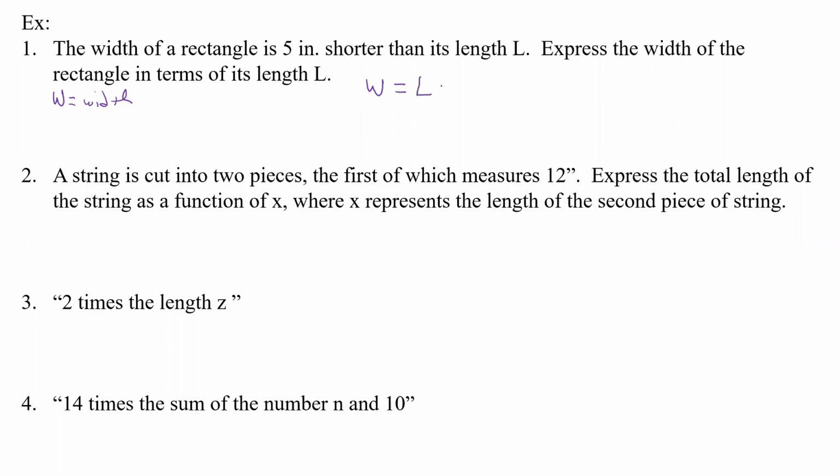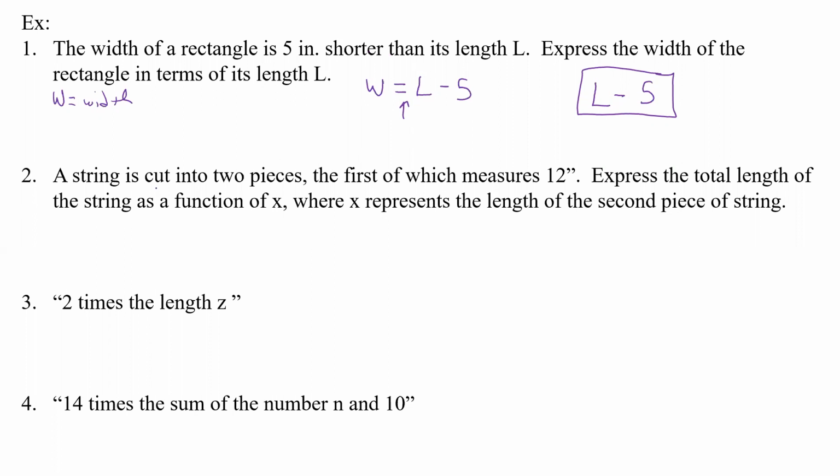So the length minus 5 inches, because it's that much shorter, so we're going to have to subtract off 5. And so that would be our mathematical expression. So if we wrote that out, that's just L minus 5. That would be our expression that they're looking for. Because if you would actually have W equals L minus 5, that's an equation. So they just want the expression part, the L minus 5.